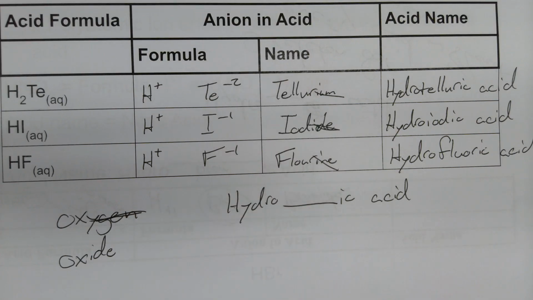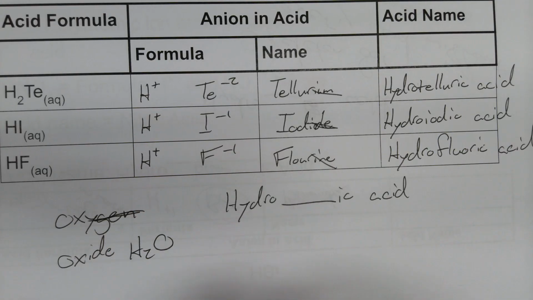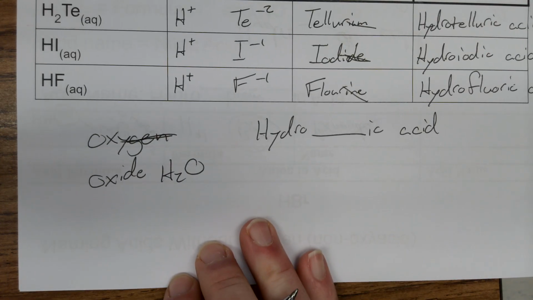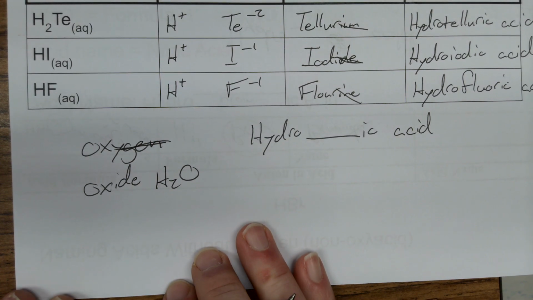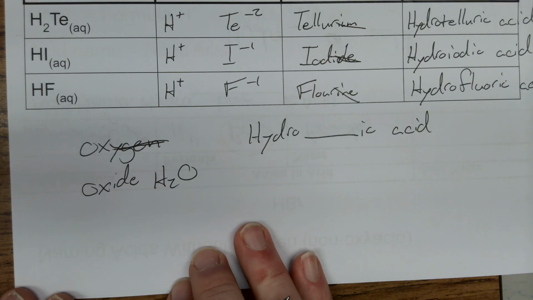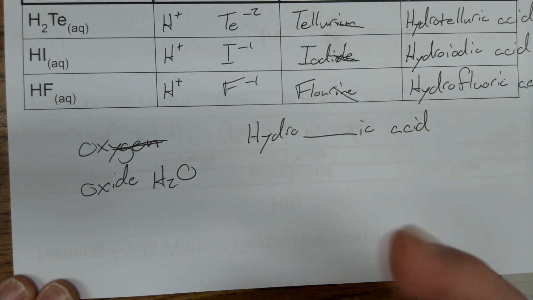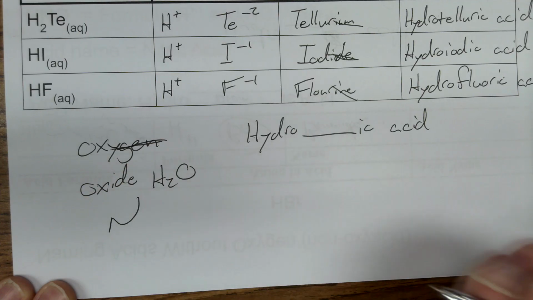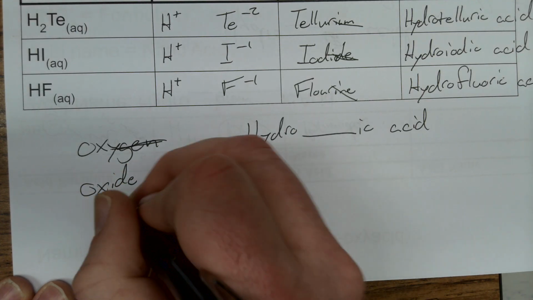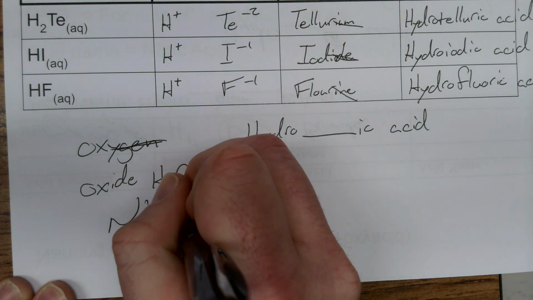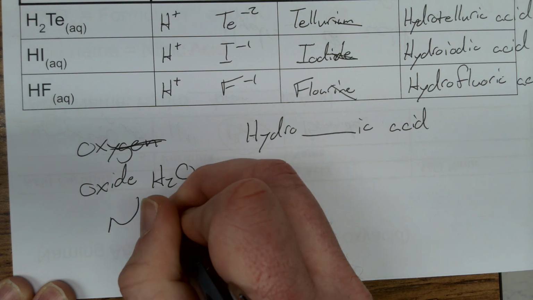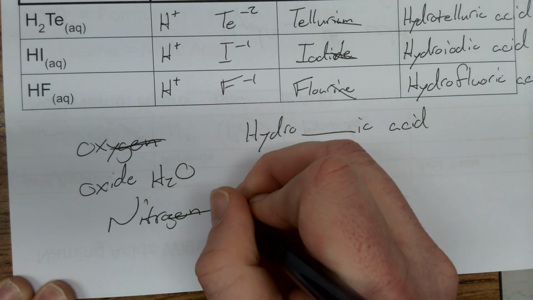Now luckily you never see hydroxylic acid because that's just H2O. But let's pick another one I haven't looked at. Nitrogen. I cut off the last three and left it as nitride, right?